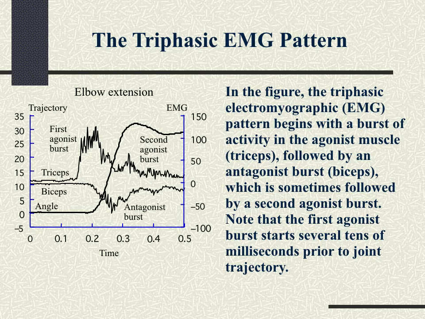So it's pretty common. And we also can see the particular characteristics of the agonist and the antagonist. And so these are all the electrical signals that are being generated associated with that movement. This is a fairly well-known pattern, and you'll see that those bursts begin before the actual movement. So we see the electrical activity in the muscle prior to the actual movement by tens of milliseconds, several tens of milliseconds.